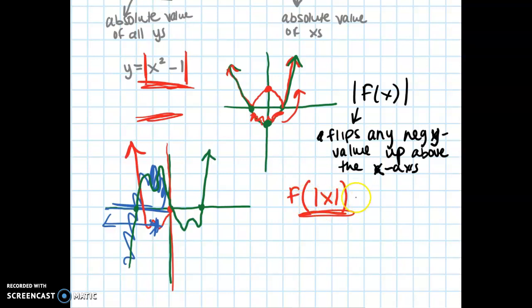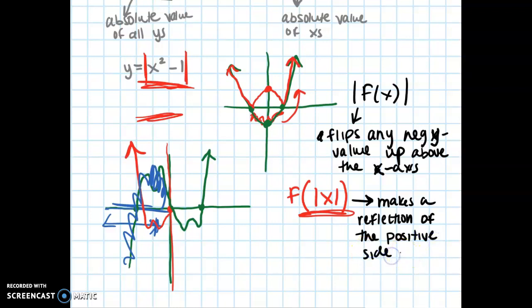And then f of the absolute value of x makes a reflection of the positive side of the graph.